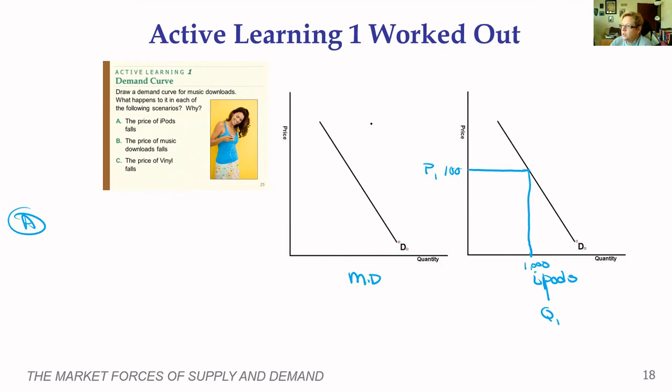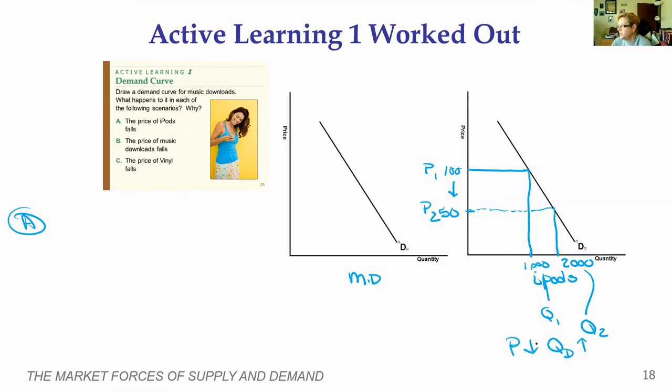All right, so let's make the price of iPods fall to say $50. So that would be P2. So price decreased. What do we automatically know? That the quantity demanded is going to increase, all else held constant. And so we're going to end up here at Q2. So the price decreased, the quantity demanded increased, all else held constant.